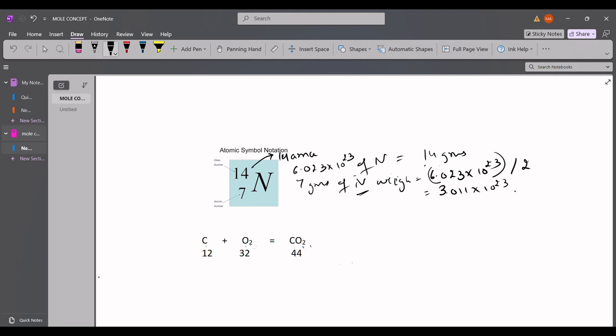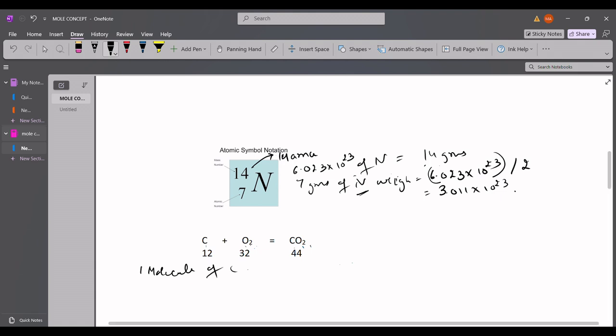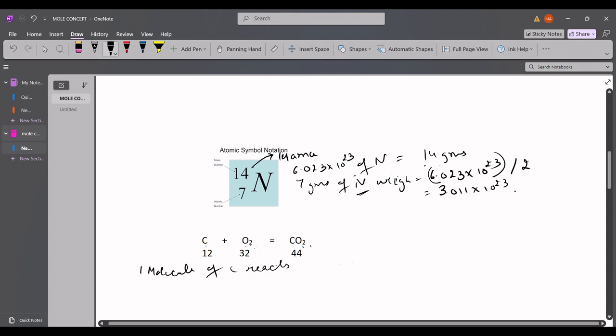So this reaction means when one molecule of carbon reacts with one molecule of oxygen, it gives us one molecule of carbon dioxide.